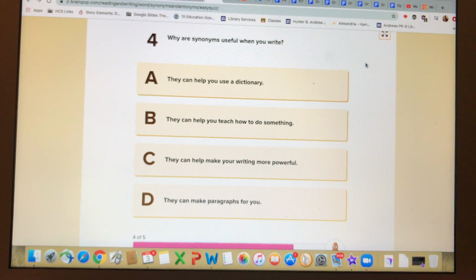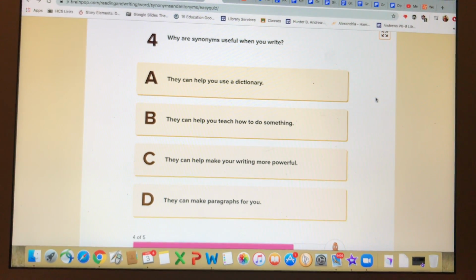Okay, why are synonyms useful when you write? They can help you use a dictionary. Well, synonyms aren't really going to help you with the dictionary because dictionaries give definitions, not synonyms. They can help you teach how to do something? No, synonyms aren't going to help teach you how to do something.